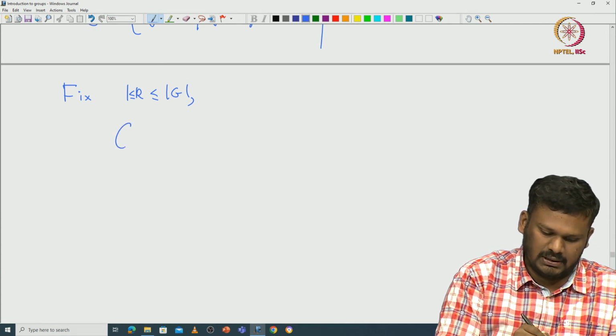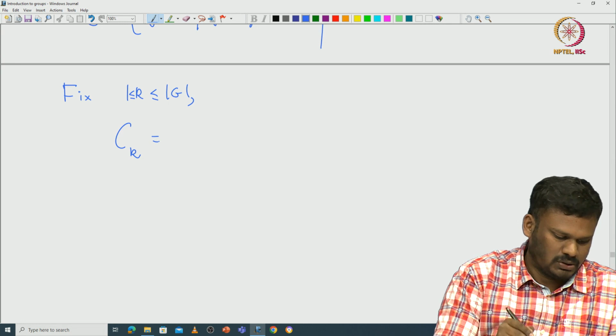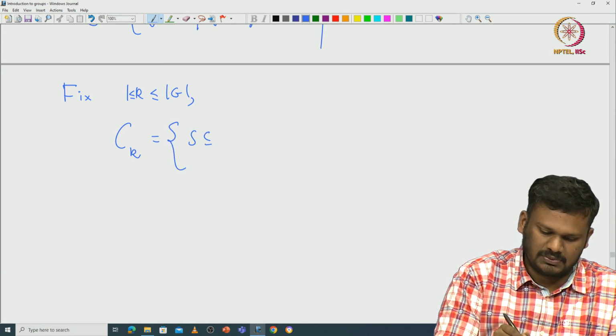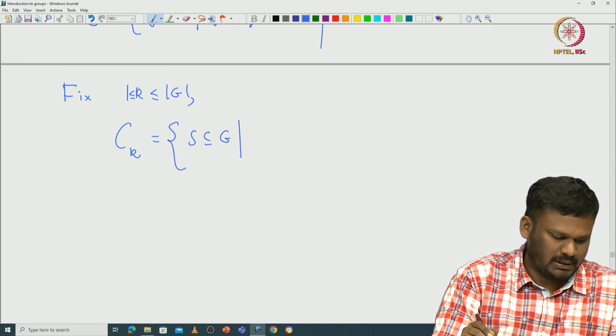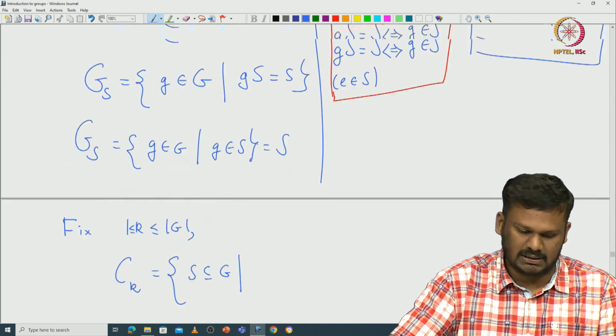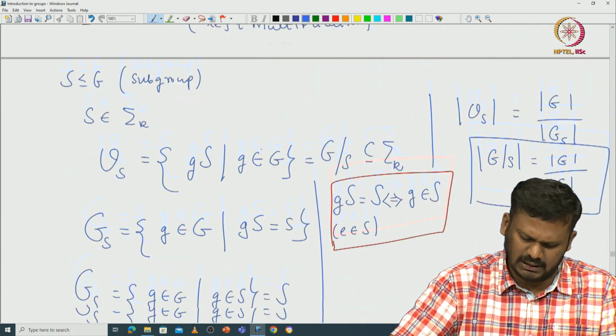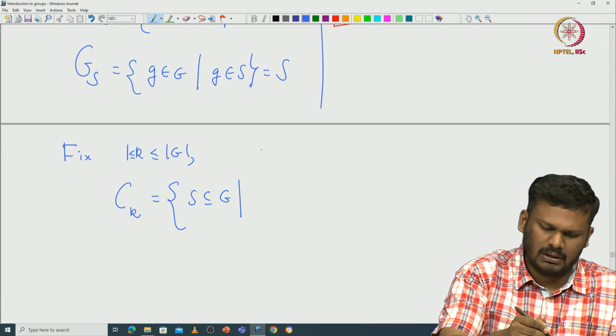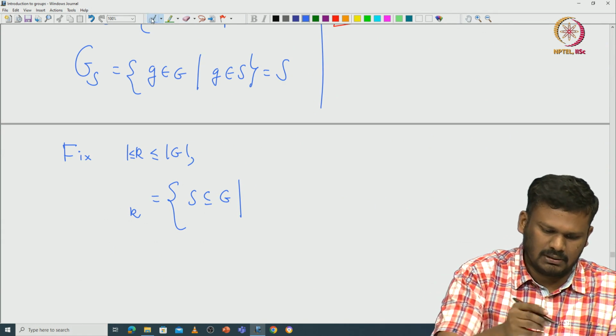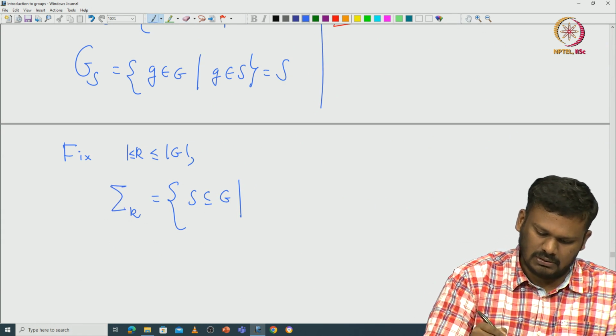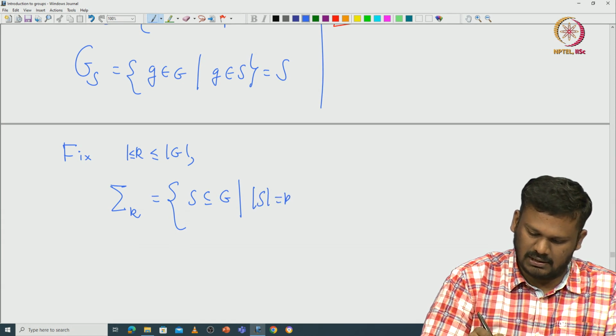I already named it sigma K, so let us use this same thing: sigma K, the subsets of G which have cardinality exactly K.